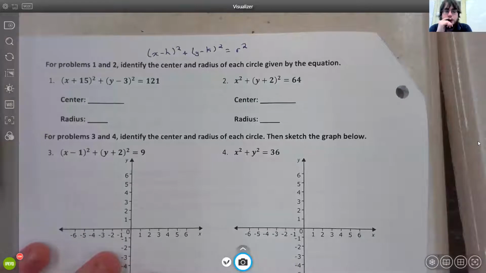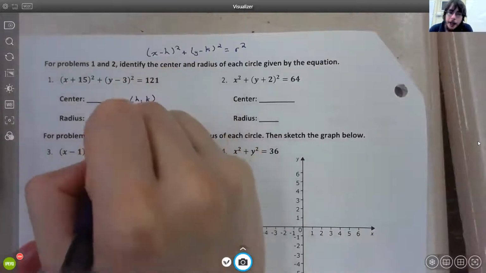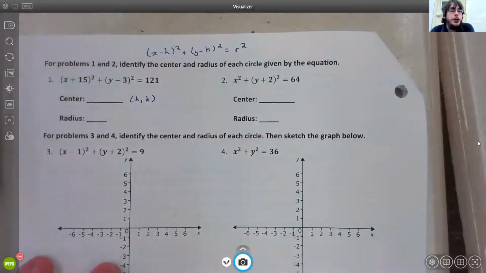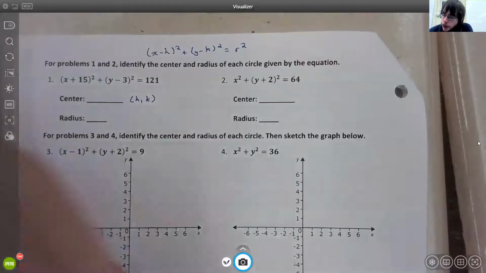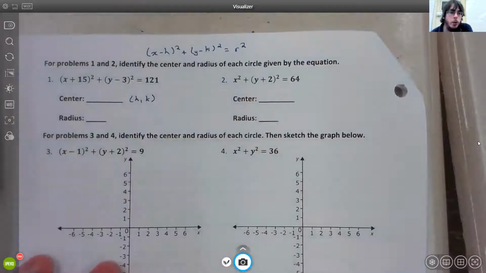Now, if we're looking for the center, remember that it is h comma k. And remember, your equation always has opposite signs to your center point. You'll also note that the h is always with x and the k is always with y.